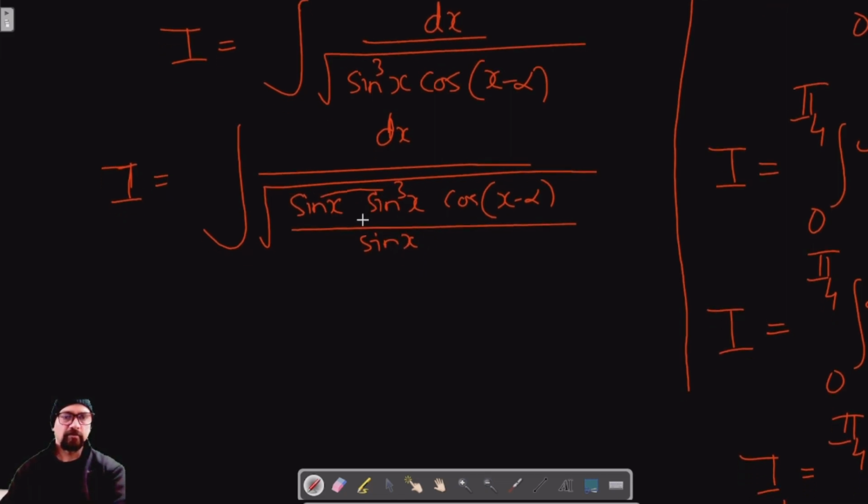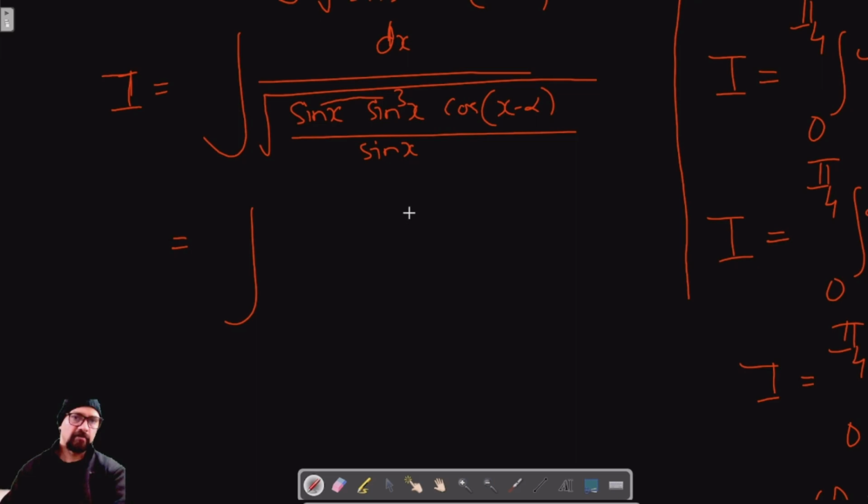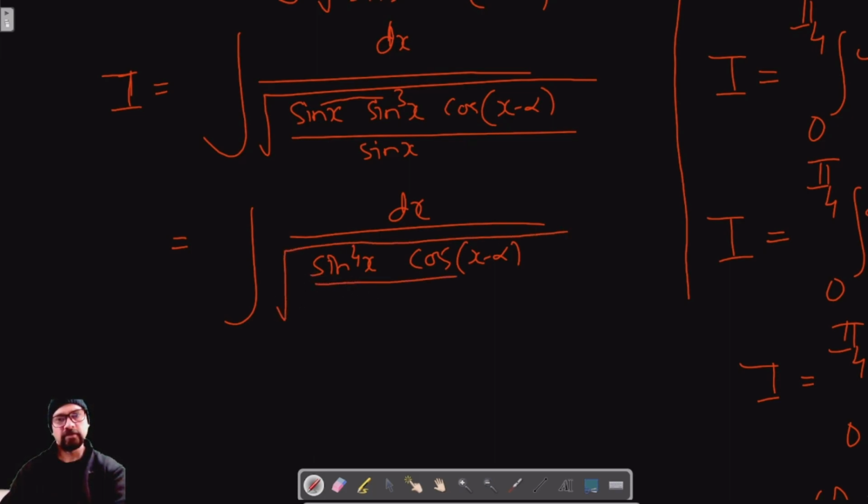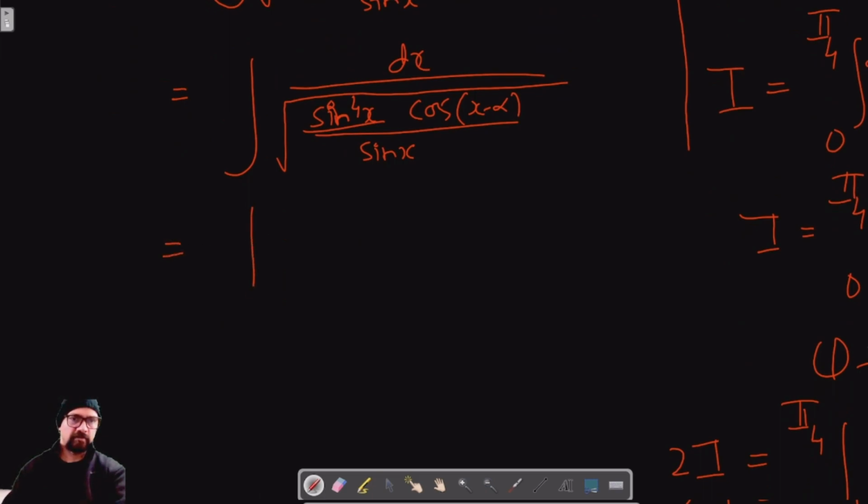Now sine x into sine cube x gives the integral of dx over the square root of sine raised to the power 4 x into cos of x minus alpha, all within the root. Now the root of sine raised to the power 4 x is sine square x.